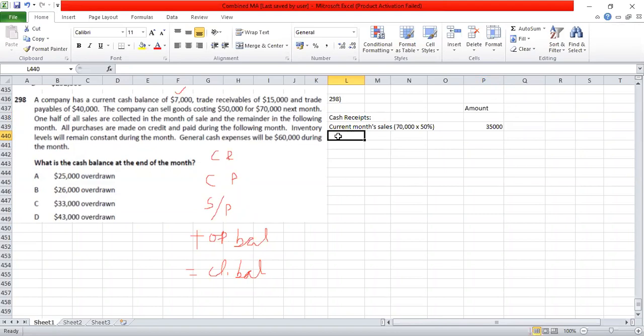One half in the same month, one half in the next month. So previous month's amount which is not collected from the customers, the entire amount will be collected in the current month.